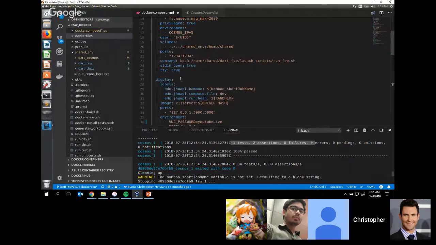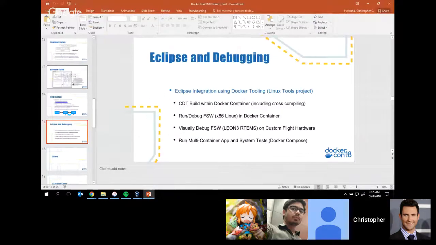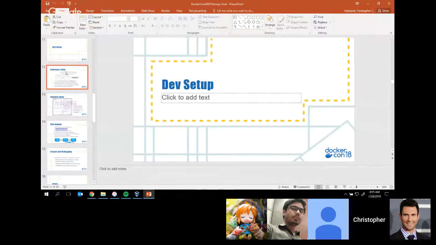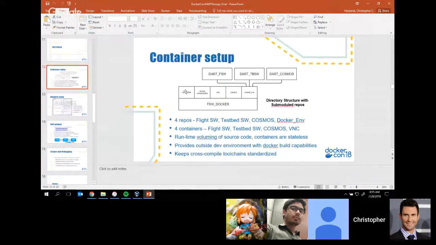Other than that, I think that's the overview of the Docker components and how we used it.